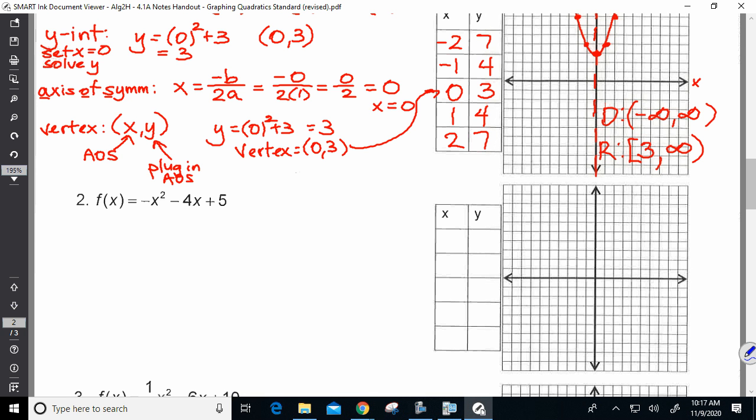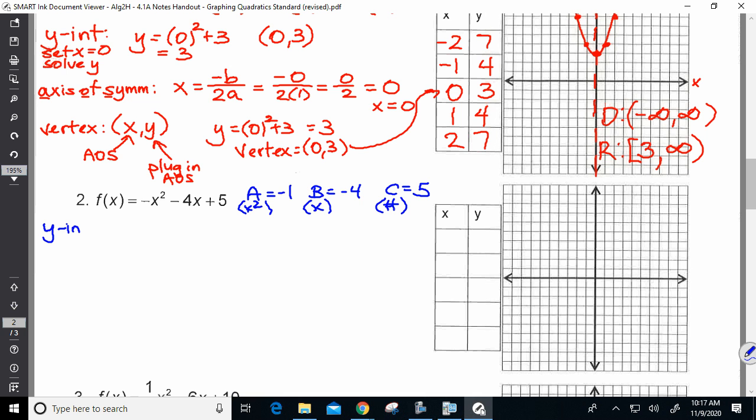All right, so example 2 is negative x squared minus 4x plus 5. Again, your first step is to identify your A, your B, and your C. And then we do the same thing that we did above.